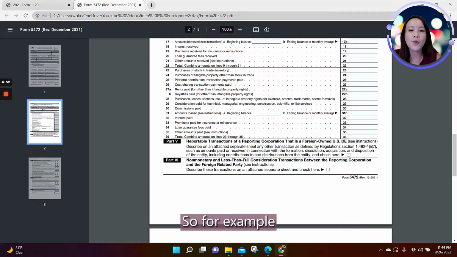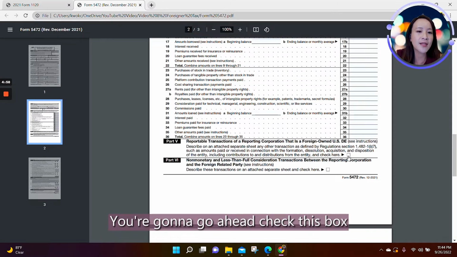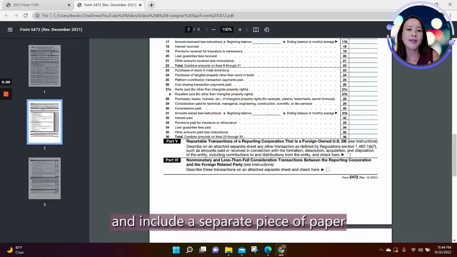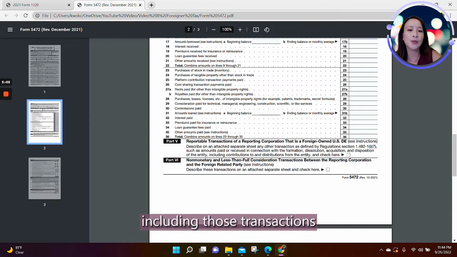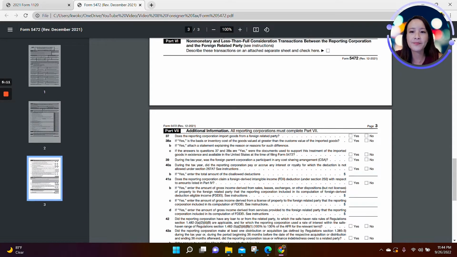For example, acquisitions, dispositions, dissolution: you're going to check this box and include a separate piece of paper listing those transactions. And then Part 6 is non-monetary transactions.